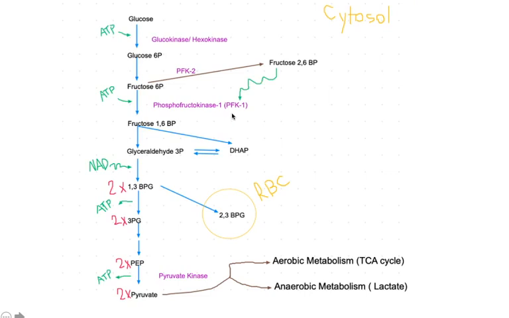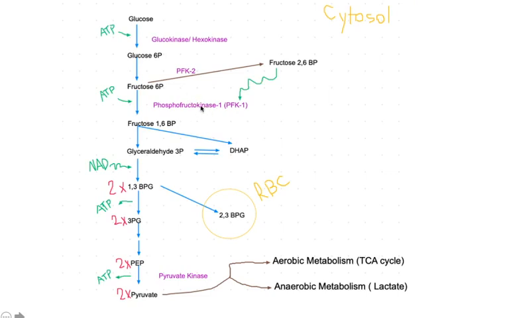So when we don't have enough ATP, we don't have energy, we want this enzyme around. And when we have a lot of ATP, we don't want it around. Additionally, citrate, which is one of the most important substrates of the TCA cycle, also inhibits this step. When we have too much citrate around, we don't want glycolysis to run.